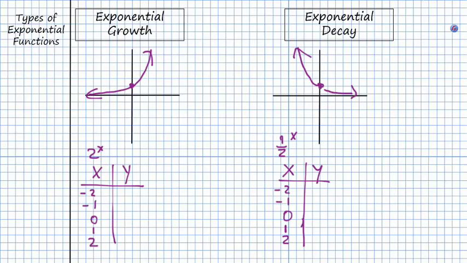And if we plug these in, we see that we have 1/2 to the -2 power. Well, that'll give me 4. 1/2 to the -1 power, that'll give me 2. Then we have 1. Then we have 1/2. And then we have 1/4. Then for 2 to the x, this becomes 1/4. This will be 1/2. This will be 1. This will be 2. And this will be 4.